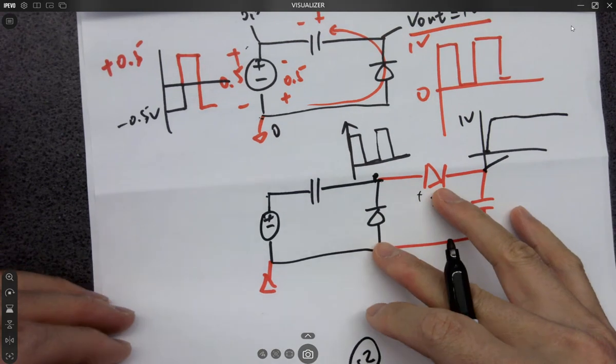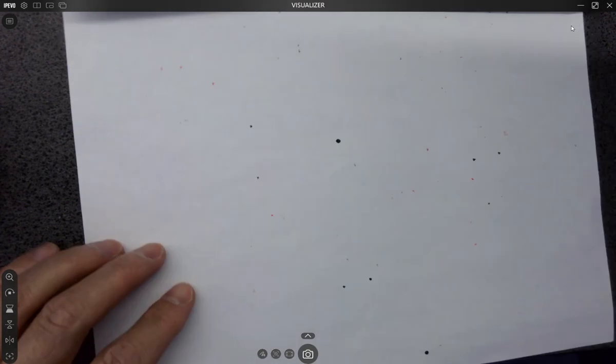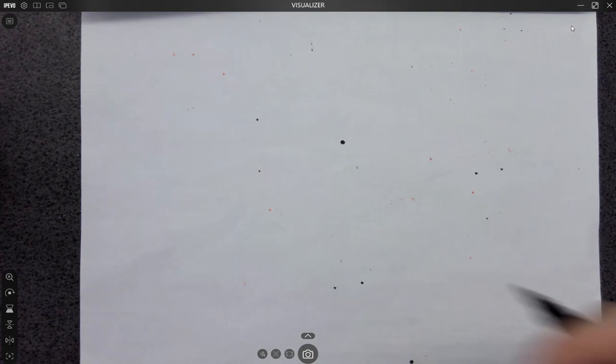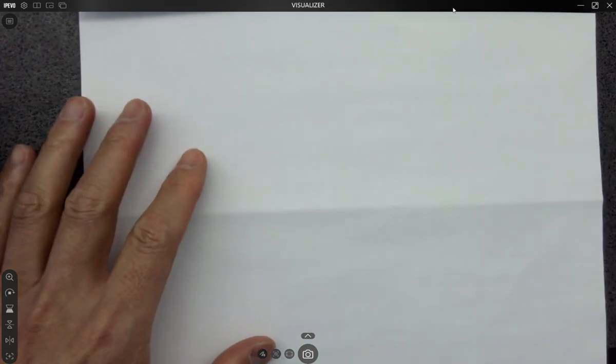Let's talk about that really quick. So we'll introduce a sample and hold circuit from the charge pump.